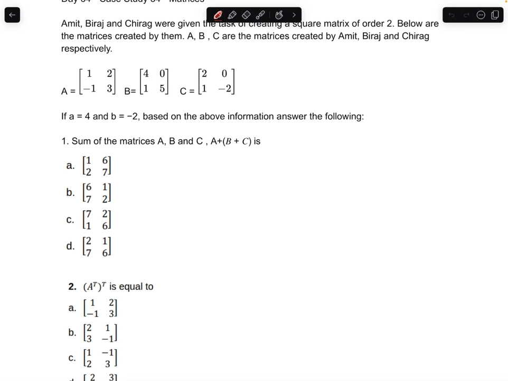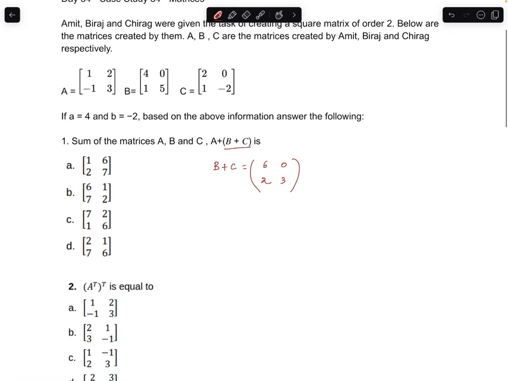First question, sum of the matrices ABC, A plus B plus C is. So we will execute the B plus C first. B plus C is corresponding elements have to be added, which is 6, 0, 2, and 3.